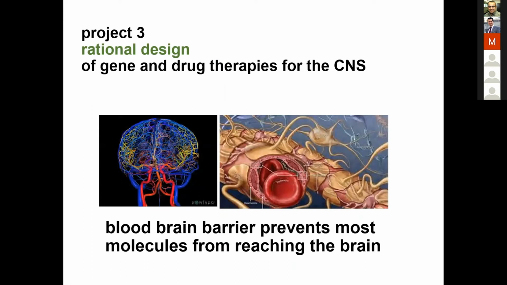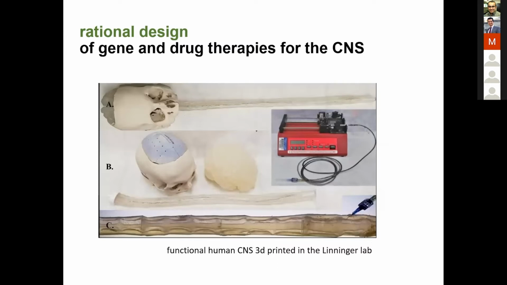Finally, we are also interested in the administration of drugs to the central nervous system, because the blood-brain barrier prevents drugs from reaching the brain tissue, and therefore many therapies are ineffective because they don't really reach the brain. So we want to overcome the barrier that is posed by the blood-brain barrier using invasive techniques. These invasive techniques include intrathecal injection.